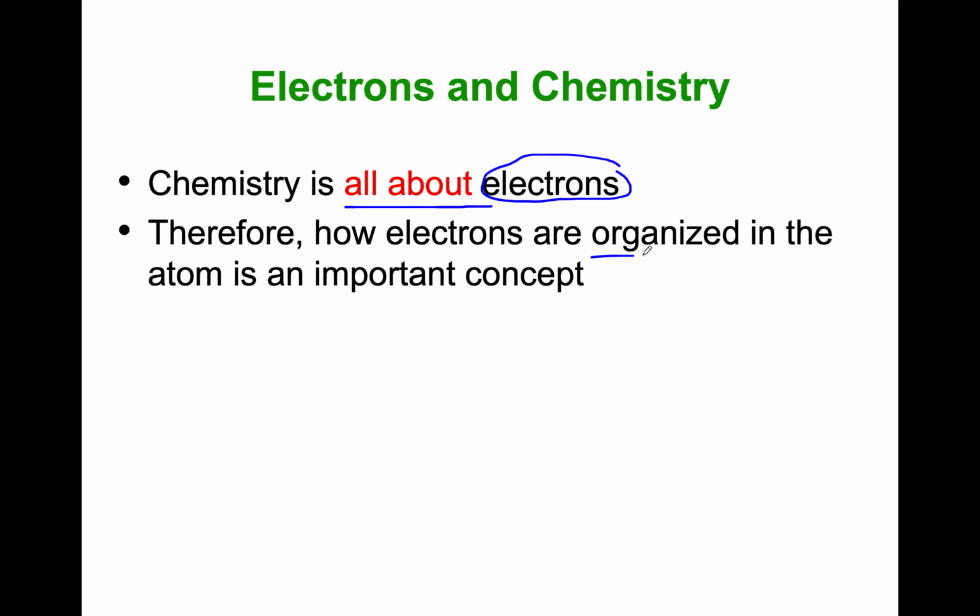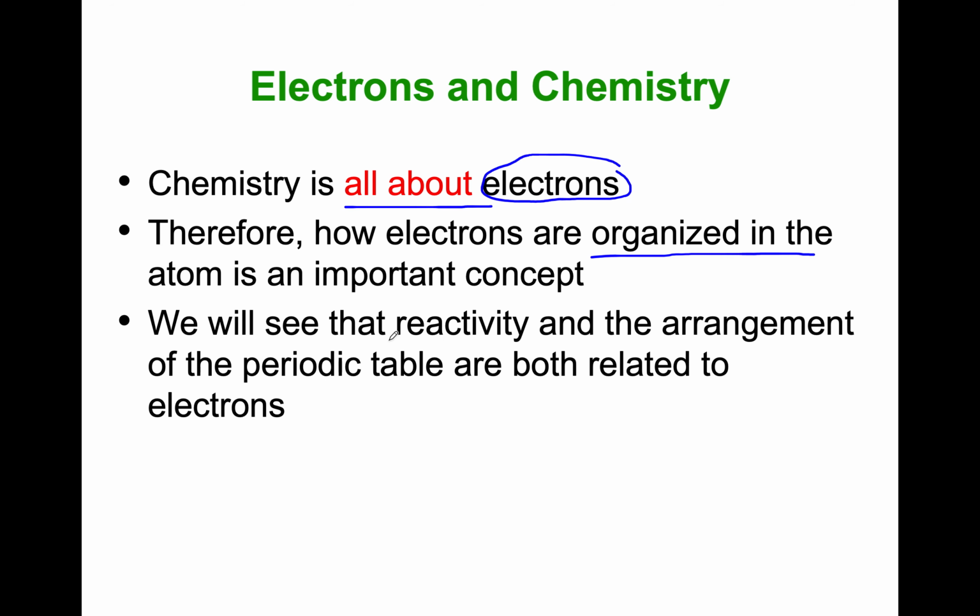And where are these electrons? How are they organized? We talked before about elements having protons, neutrons, electrons. We know the electrons are outside the nucleus. Now we're really going to get to the big picture of what this looks like. I already mentioned the reactions, so this reactivity, we're going to see how that relates to the periodic table.